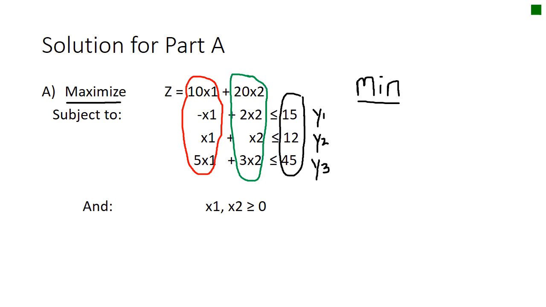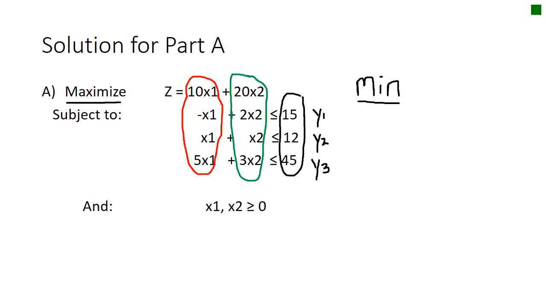Because we had less than or equal constraints in our original problem, we're going to flip those to be greater than or equal to in our dual problem. Just like how instead of maximizing our objective function, we're going to minimize it now. This is another thing where we kind of flip it. So that's our first constraint.